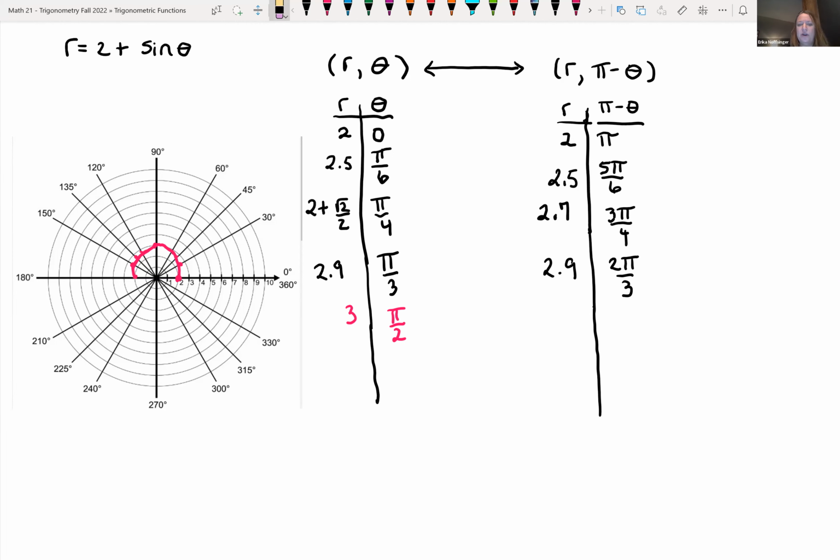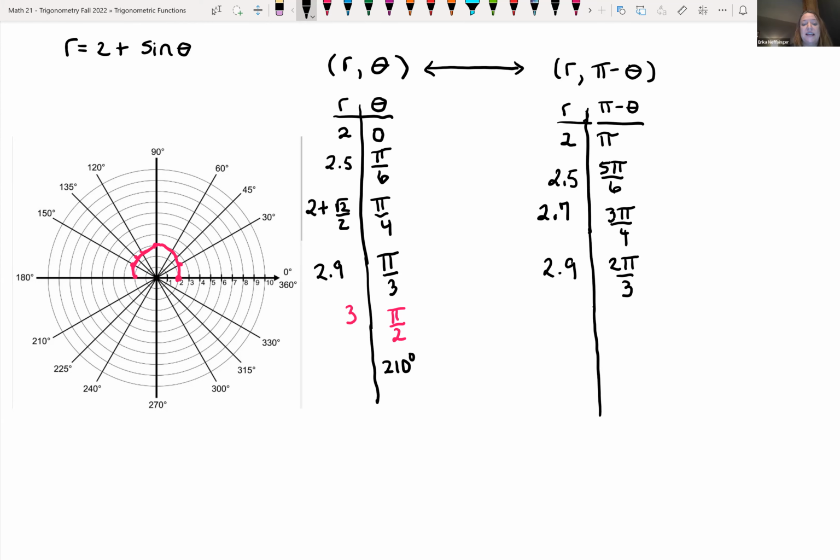So let's see about going underneath the polar axis, in that third and fourth quadrant. Let's pick a couple of values over here. Let me just put them into degrees. So 210 degrees has a reference angle of 30 degrees. I know that sine is negative in that third quadrant, so that's going to be -1/2.